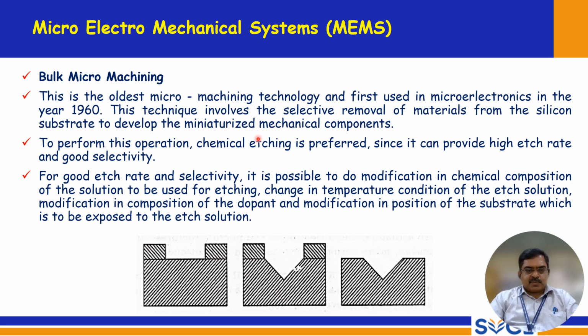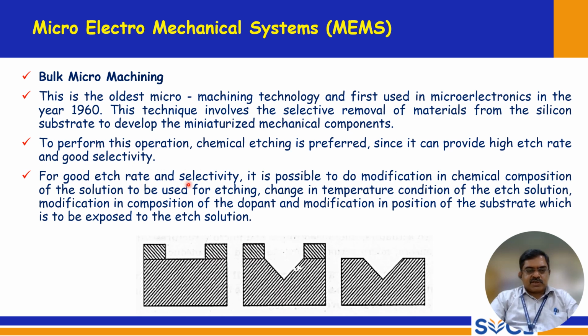This is the oldest micro machining technique and was first used in microelectronics in the 1960s. This technique involves the selective removal of material from the silicon substrate to develop miniaturized mechanical components. To perform this operation, chemical etching is preferred since it can provide a high etch rate and good selectivity.